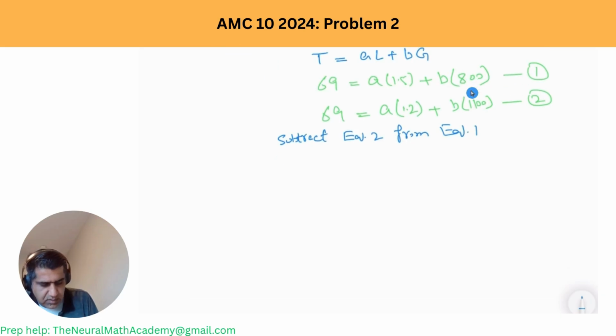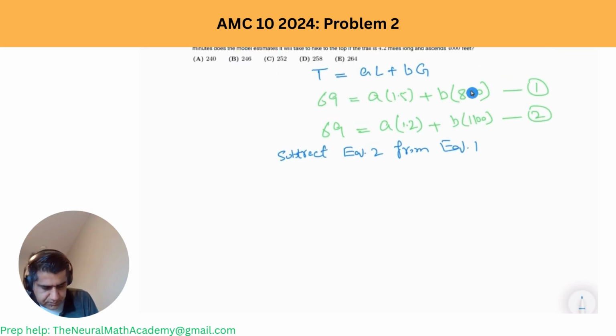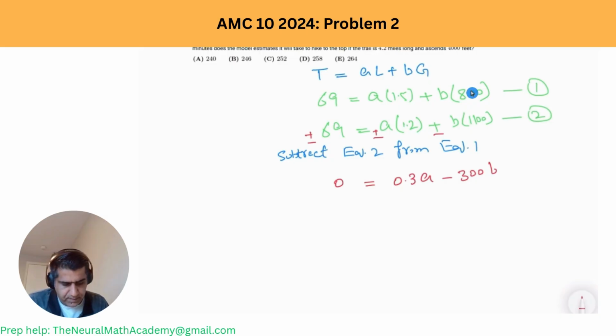Okay. So then on the left hand side, I would have 0 because these two numbers will cancel out, and I would be left with 0.3a minus 300b, right?